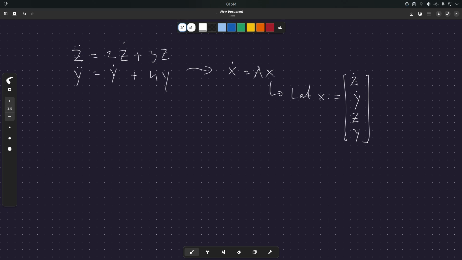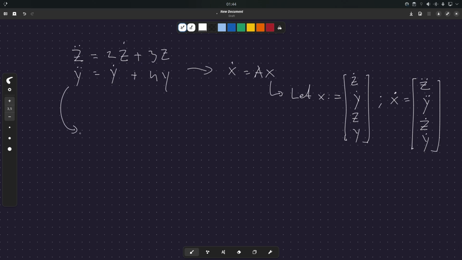In other words, there's an infinite amount of ways that A and x can present themselves, but they're all correct as long as you don't make any mistakes. And naturally, if this is our x, then x dot would be z double dot, y double dot, z dot, and y dot.